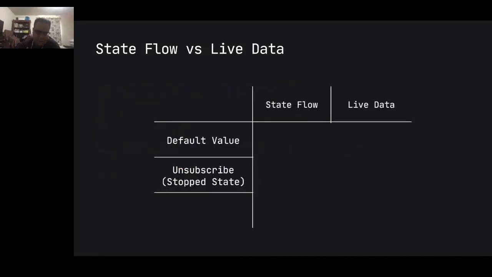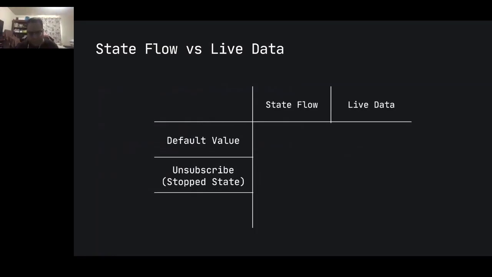The way to model this stream before was to use live data, and live data and state flow have differences. In the state flow, as you saw, when you declare and set it up, you have to give it a default value, whereas that's not the case with live data.